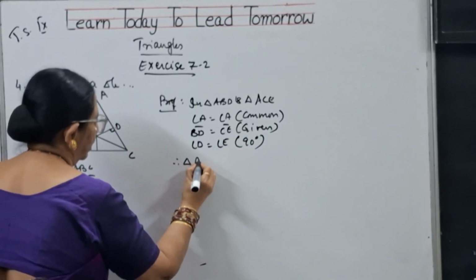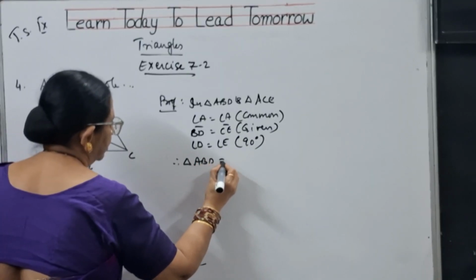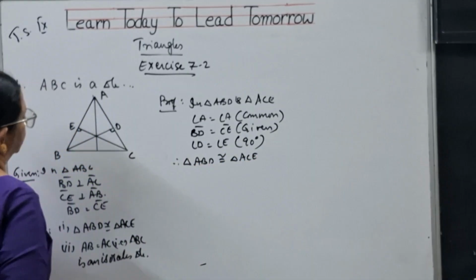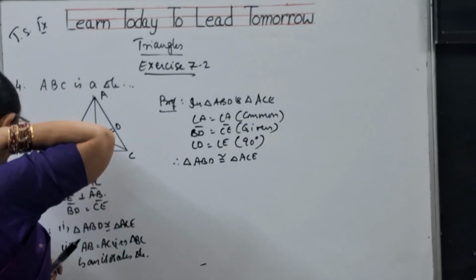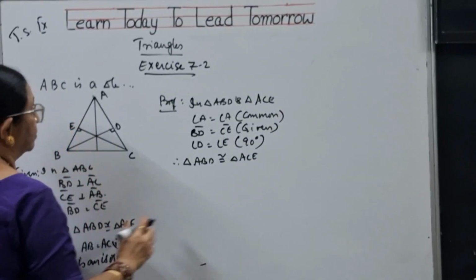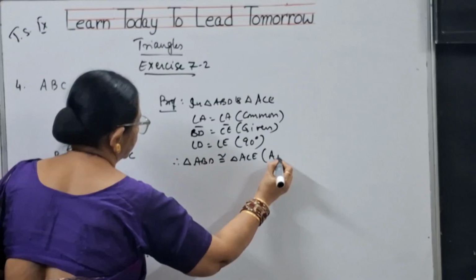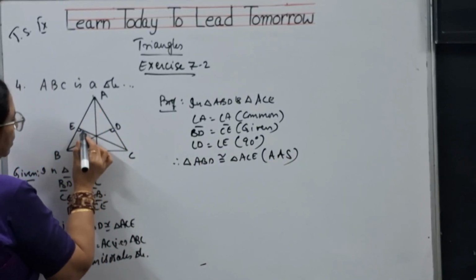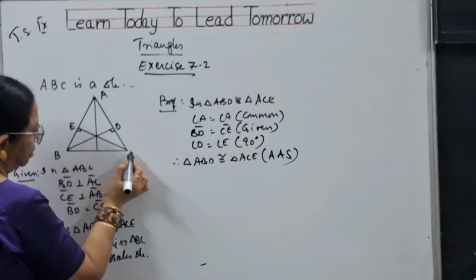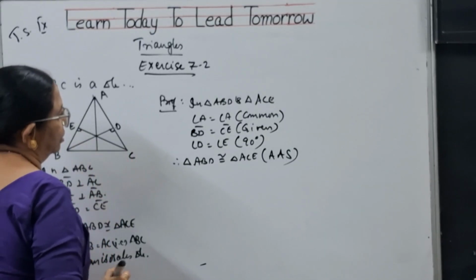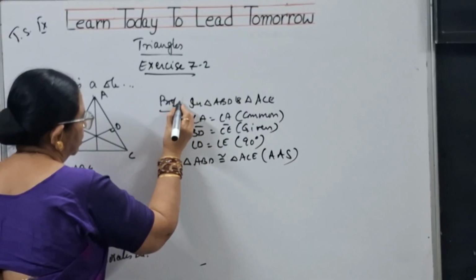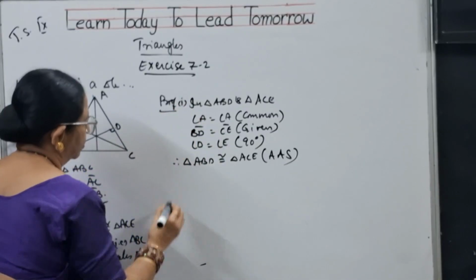Therefore, triangle ABD is congruent to triangle ACE basing on angle, angle, side property. Two angles and a side. This is one angle and this is one angle, this is one side. Angle, angle, side property, these two are congruent. So this is for the first proof.